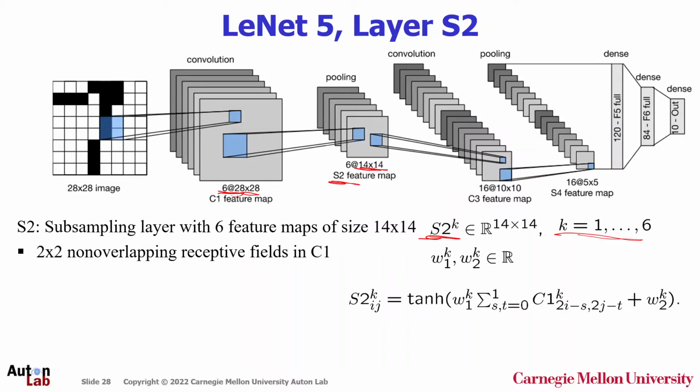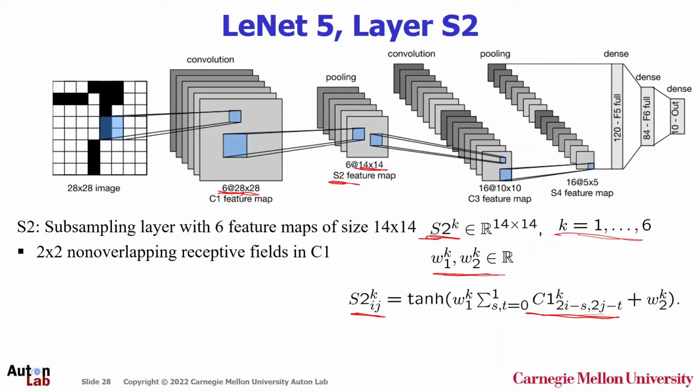The ijth element of S2k is defined by this equation here. W1k and W2k are two real numbers. They are the parameters of this layer. As you can see from the figure and from this equation, we partition the matrices with size 28 by 28 on layer C1 to 14 by 14 small submatrices, each having size 2 by 2.